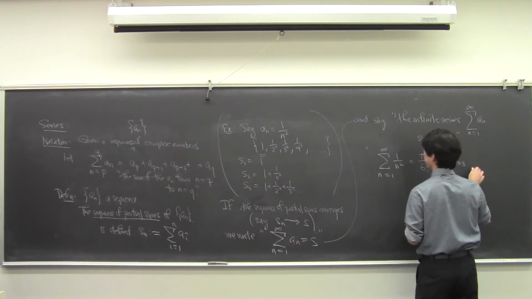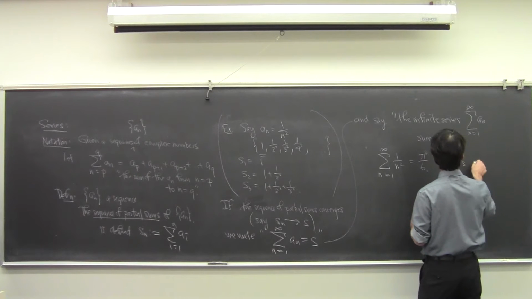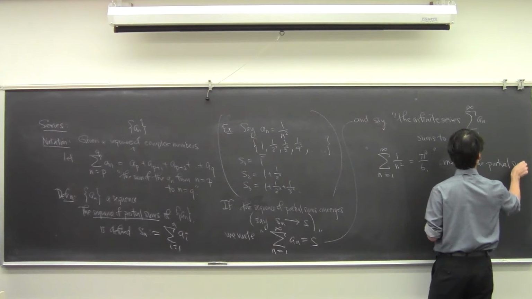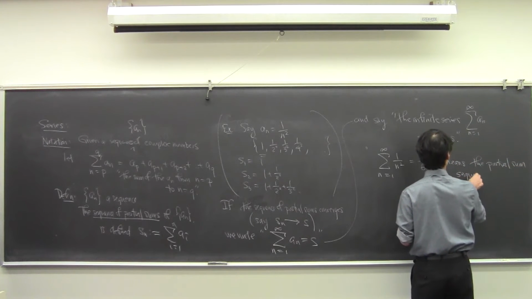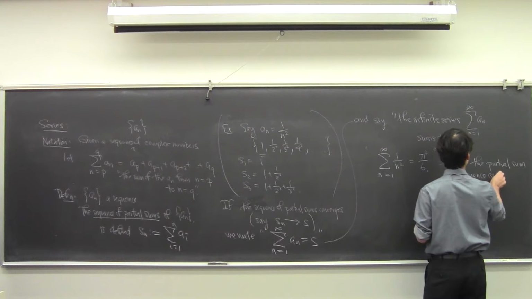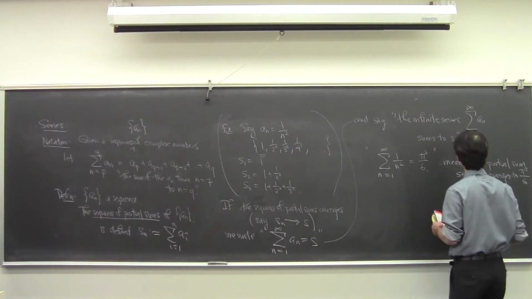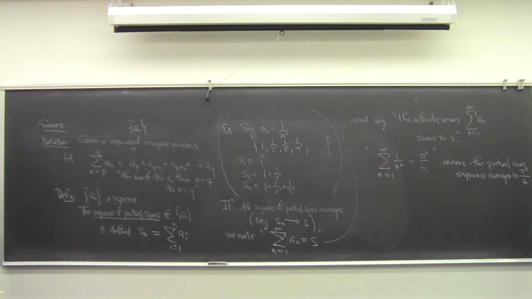So if I say this infinite series equals pi squared over 6, what this means is that the partial sum sequence converges to pi squared over 6. It doesn't mean that we have some way of doing infinite addition.